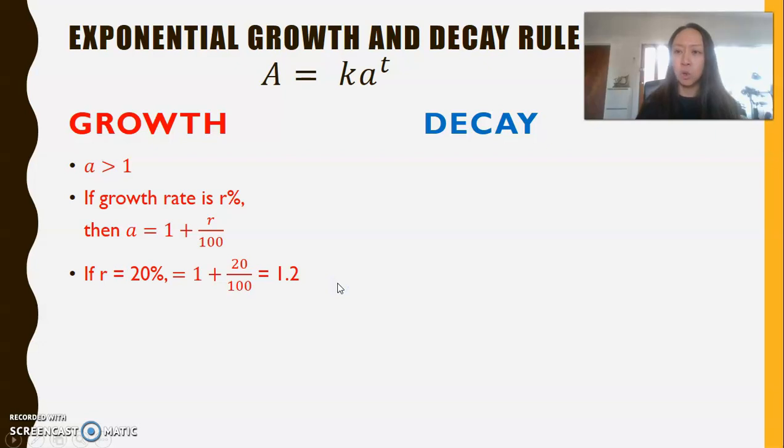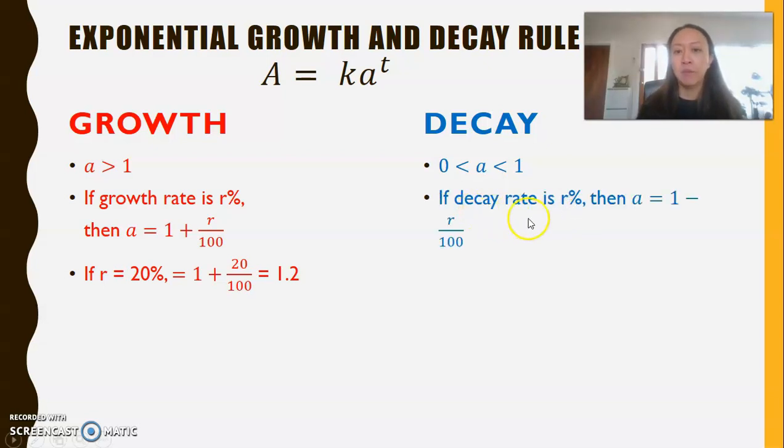If we are talking about decay, we always have to know that for decay, the value of a is between 0 and 1. If the decay rate is r%, then a will equal 1 take away r over 100. That's because when you are reducing something, the value is lesser than 1. It's lesser than the original, which is 100%.